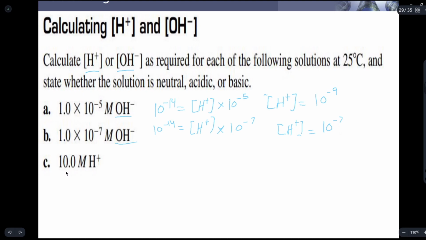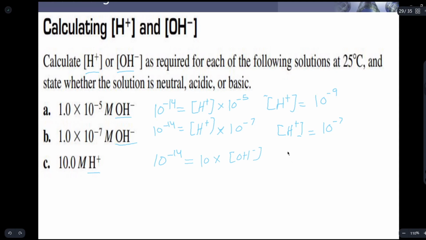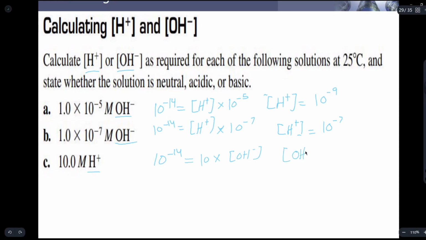Here we are given the H plus value, so we just use the same formula, but instead we substitute H plus for 10 and multiply it by the OH minus value as the variable, and we will get the OH minus value is equal to 10 to the power of negative 15.